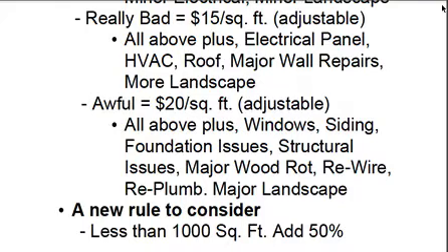Okay, so a new rule to consider, and this is something that I've come up with recently that you may not have heard about, and it involves really quite small houses, in my opinion. If the place is under 1,000 feet, then I think you should consider adding 50% of whatever your cost per foot is, just because it's so small.